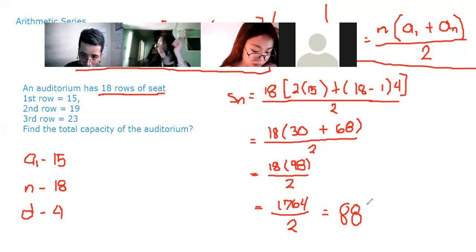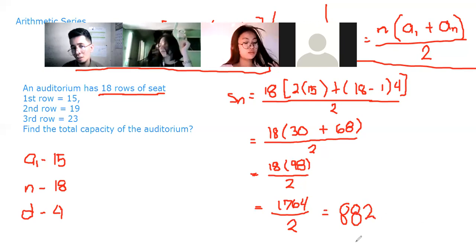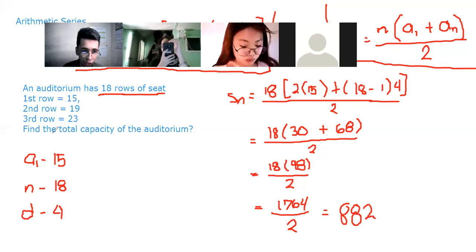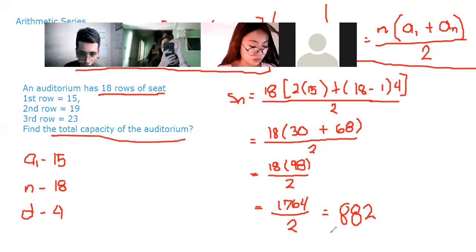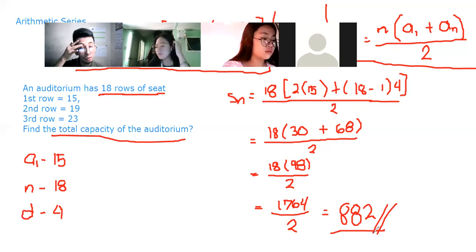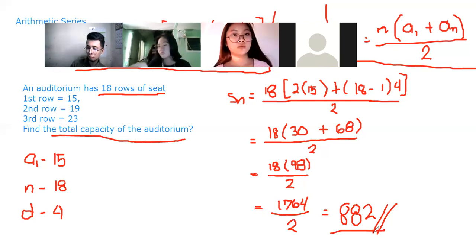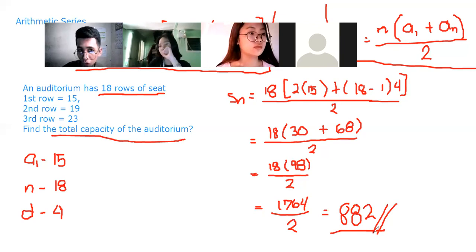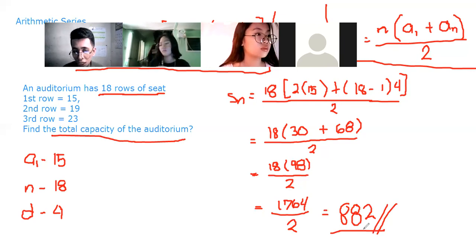So, nakukuha naman natin, diba? So, this will be the sum or the total capacity of the auditorium, 882. Okay? So, kaya pag pumunta kayo ng auditorium, pwede nyo na ma-compute ang total capacity.